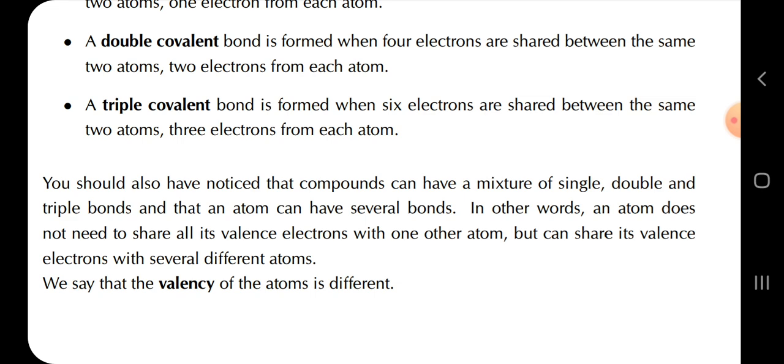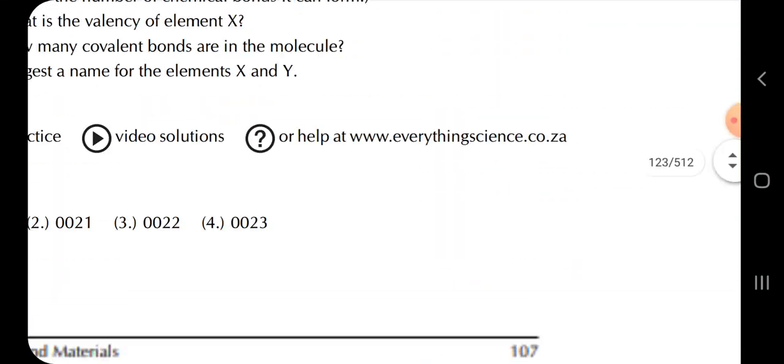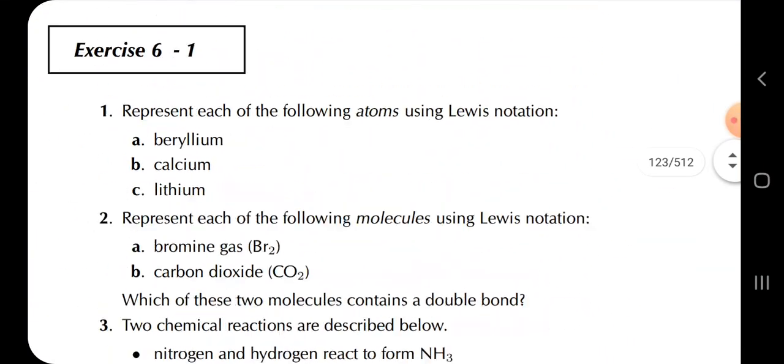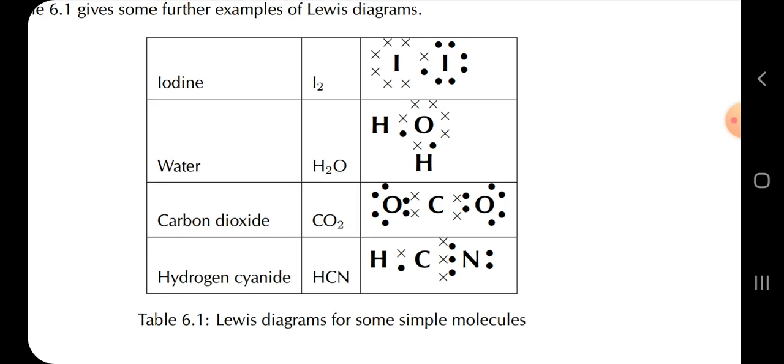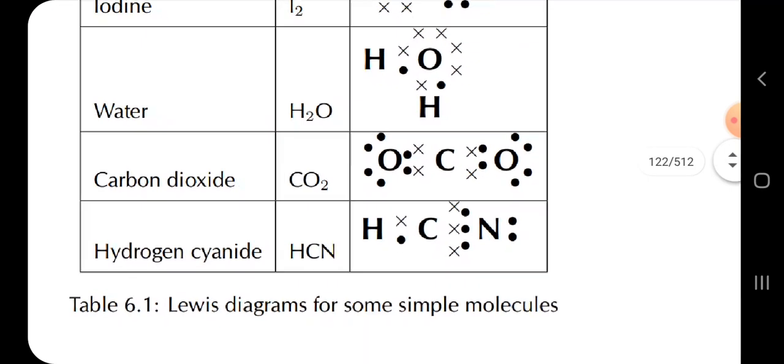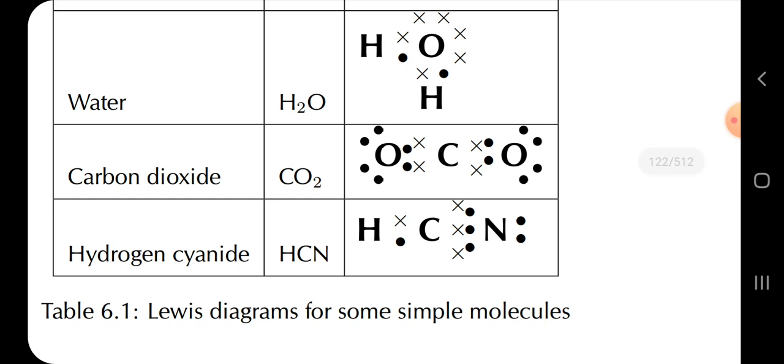That can happen as well, as in this example here, which is carbon dioxide. So we have 2 oxygens and 1 carbon. The carbon is in the middle, it has the X's, so the 2 X's are bonding with the O this side, and then the 2 X's are bonding with the other O on the other side.